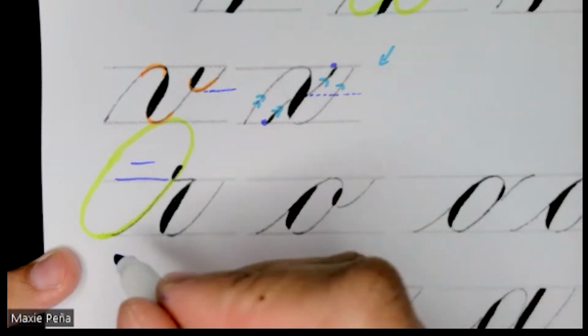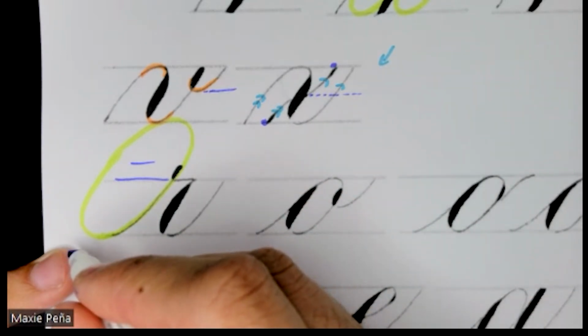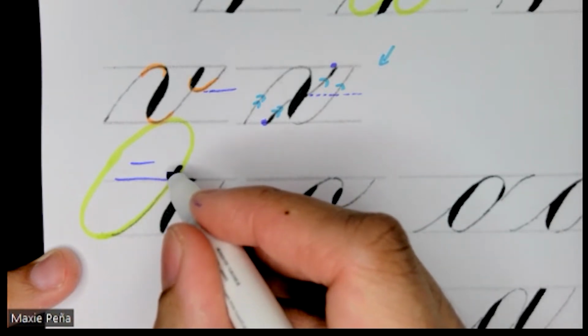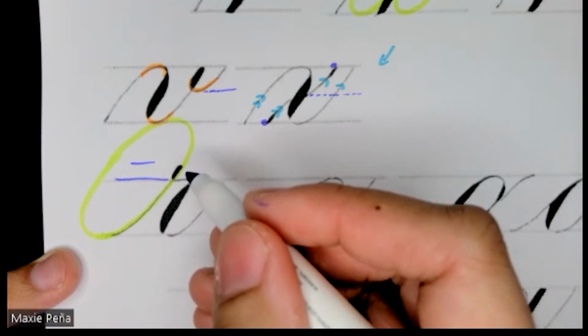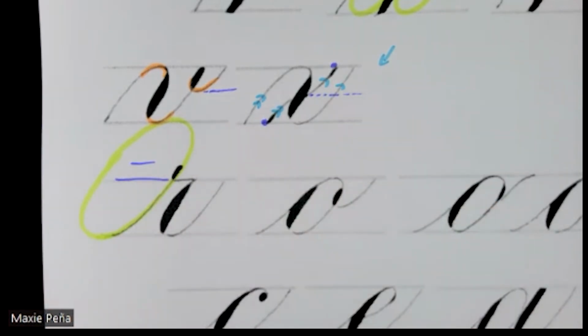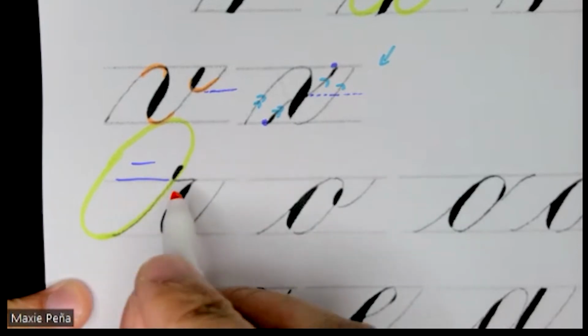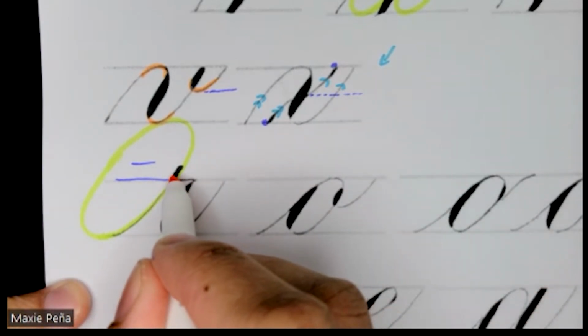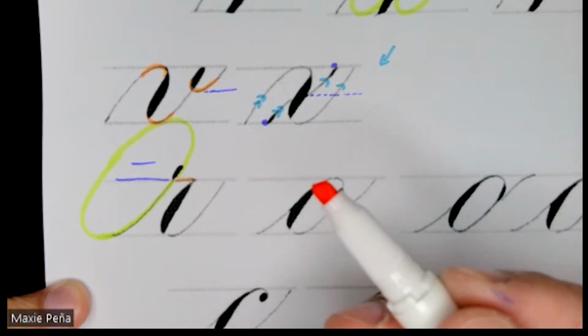First you're going to enter with a right curve from your imaginary oval. Create a blind loop over the header line. Then draw a horizontal line, which is, I think, the first time we've drawn a horizontal line on our letter.